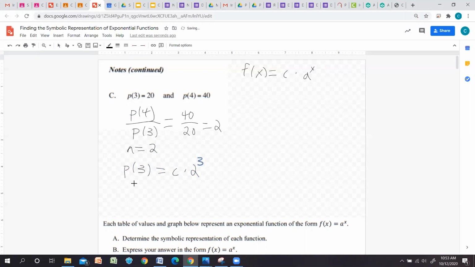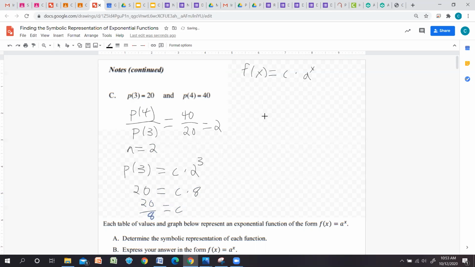And we know P of 3 is 20, so we can substitute 20 over here for the output. So 20 equals C times 2 to the 3rd power, that's 8. So we divide by 8, so C equals 20 over 8.